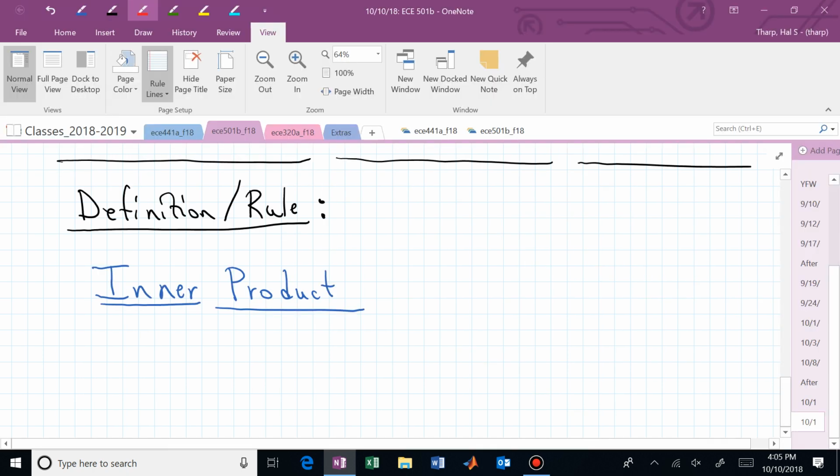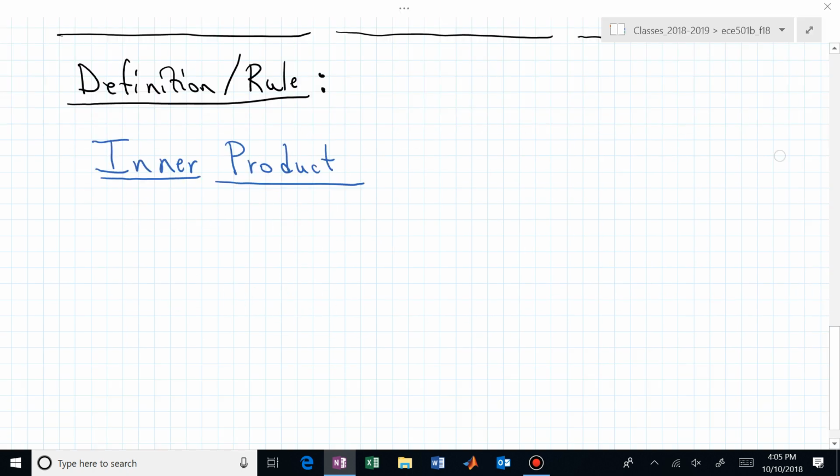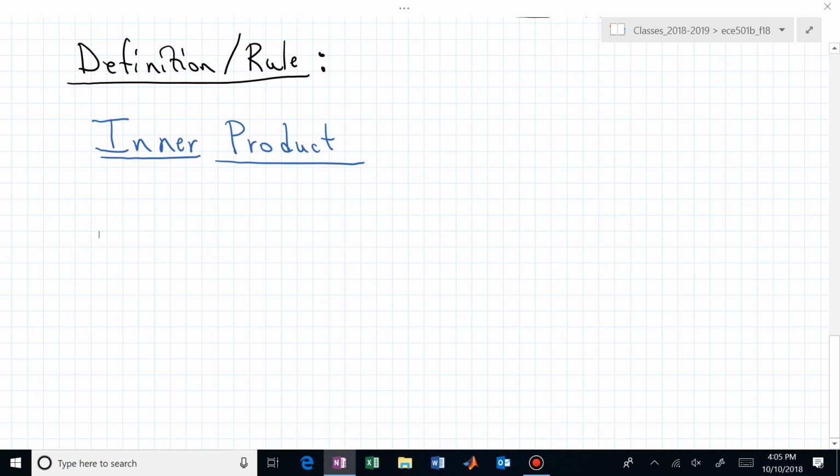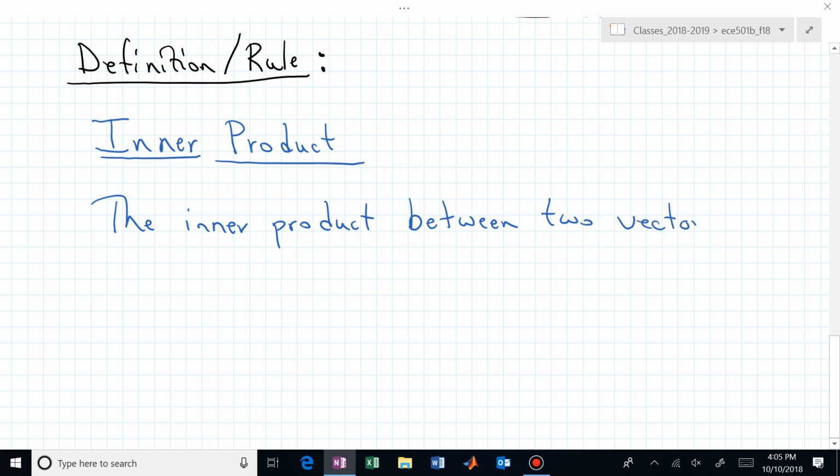The inner product between two vectors, we'll call those V and W, and those are in a vector space V. Now we're simply establishing the notation.